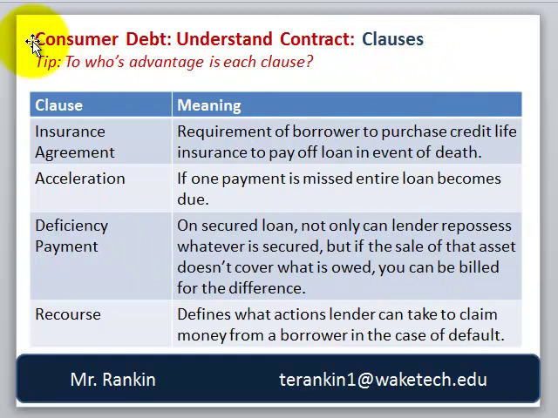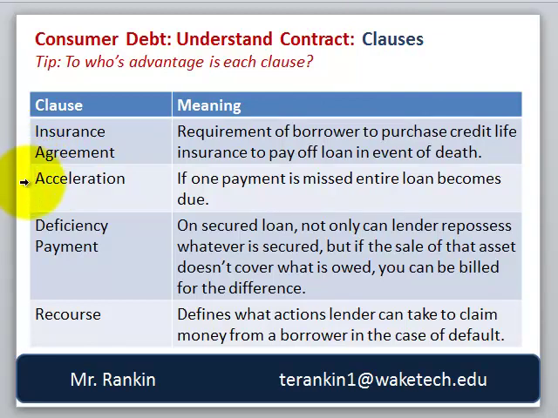In addition to the disclosures, you need to understand if there's any special clauses that the lenders put in there. Now, a lender is not going to put a clause in the contract that's going to work to your advantage. They're going to put a clause in the contract to work to their advantage. So it's important you understand what these clauses are and you're okay with them. First of all, do you have to buy any insurance for the loan? Is there an acceleration clause?